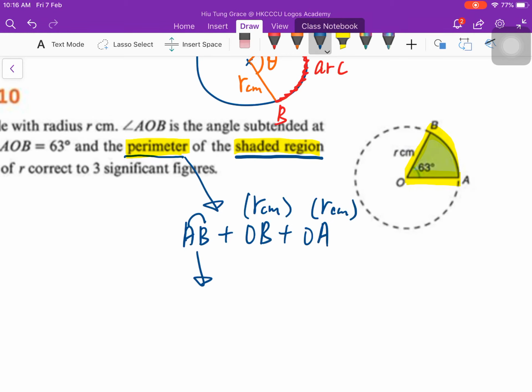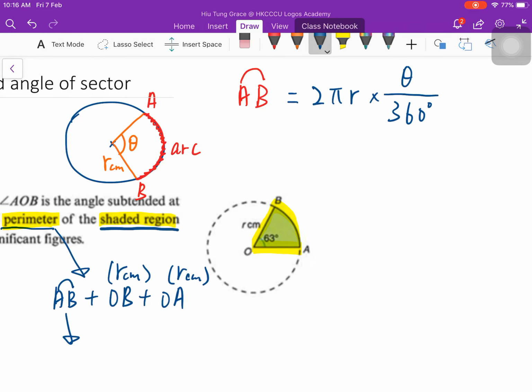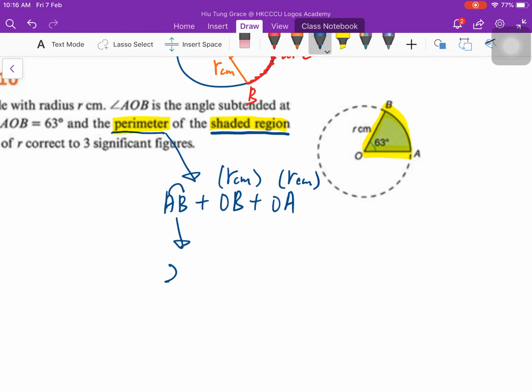How about the arc AB? Let's read here again. So, arc AB is equal to 2 pi r multiplied by the angle at center divided by 360 degrees.